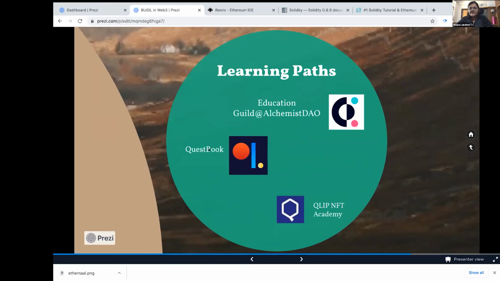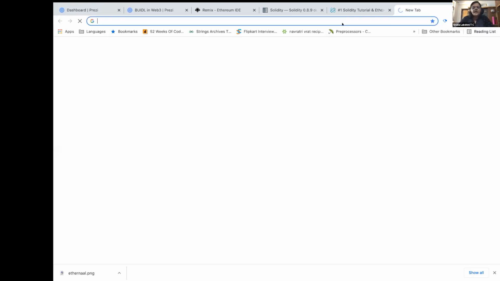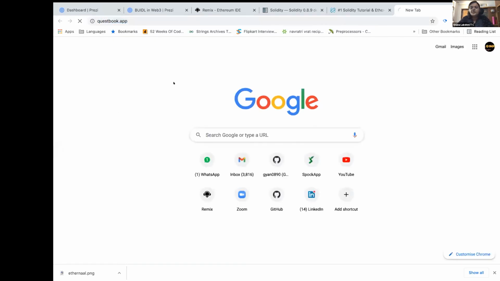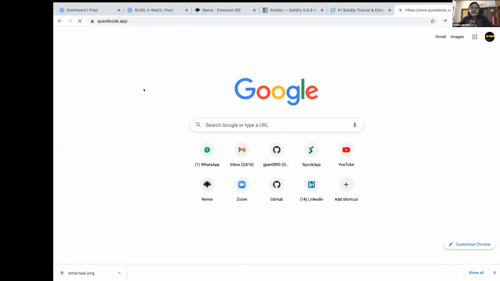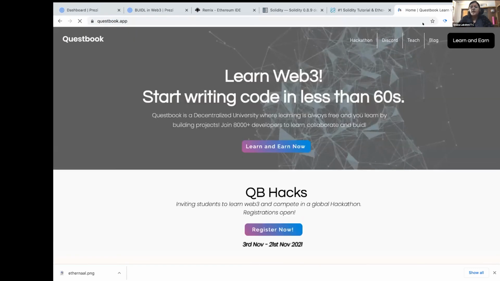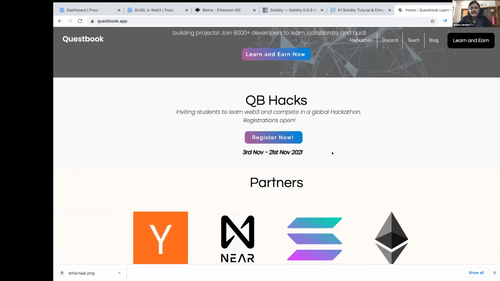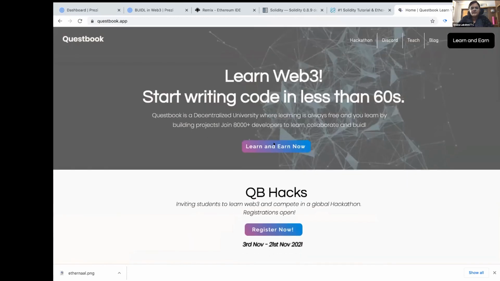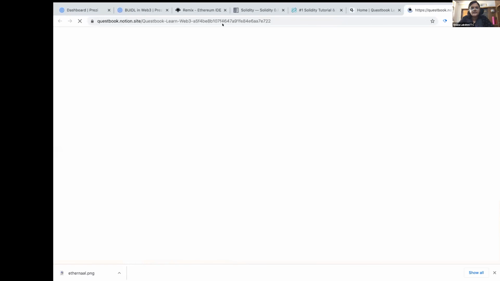Again, another organization called Questbook, they have their own learning app, where you can do a lot of quests and learn different types of programming or different types of smart contracts by doing these quests. Let me see if I can open up any of the quests.